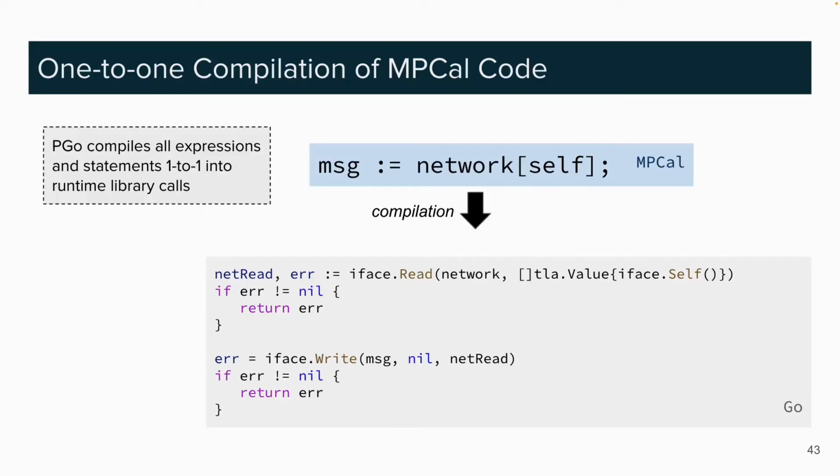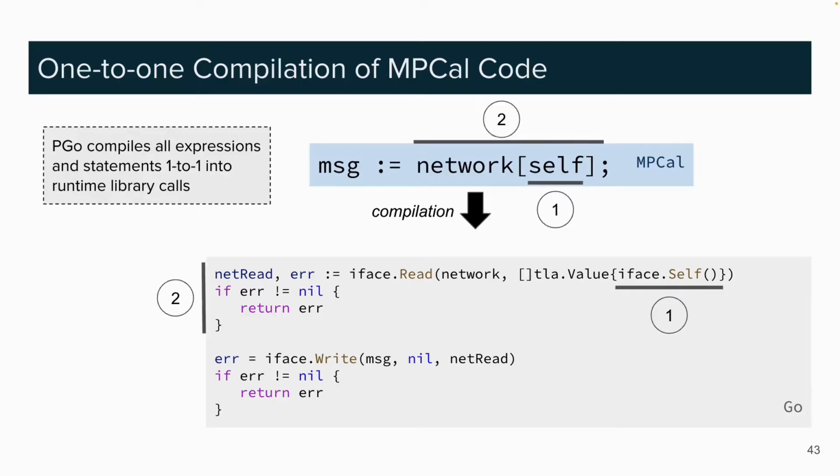So up top we have a simple statement in MPCal, and it would get compiled roughly like so. First you want to evaluate that self reference to read it, and we just call out to part of the runtime code. Then you want to apply the indexing here, which you do also by calling out to some library code and doing some Go error handling.